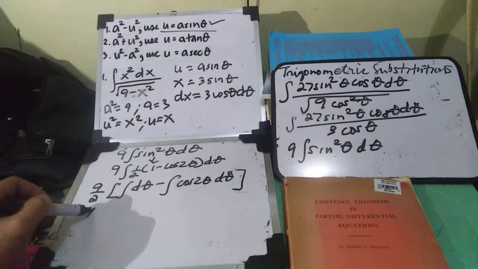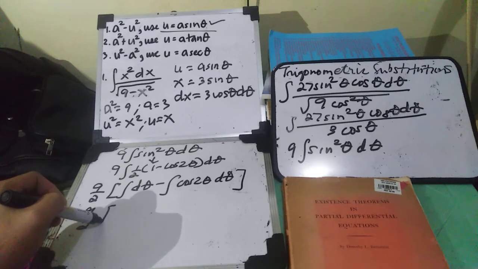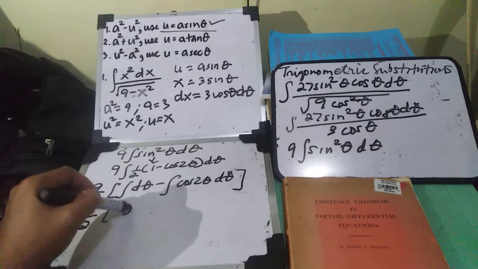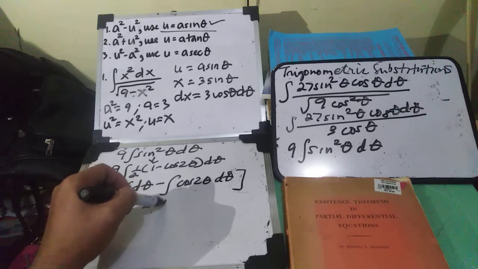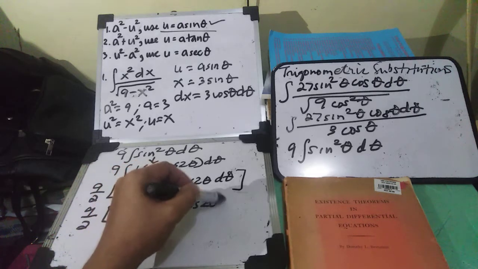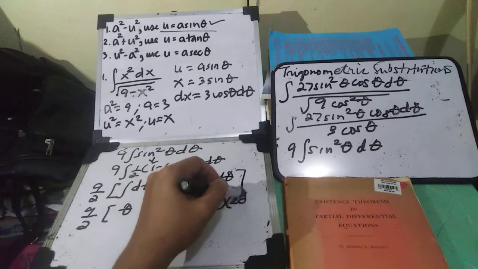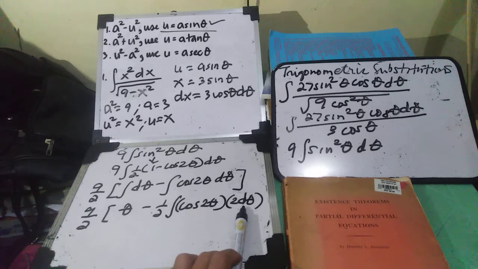and this can be evaluated by theta minus 1/2 integral of cosine 2 theta times 2 d theta. Since u is 2 theta, therefore du is 2 d theta.